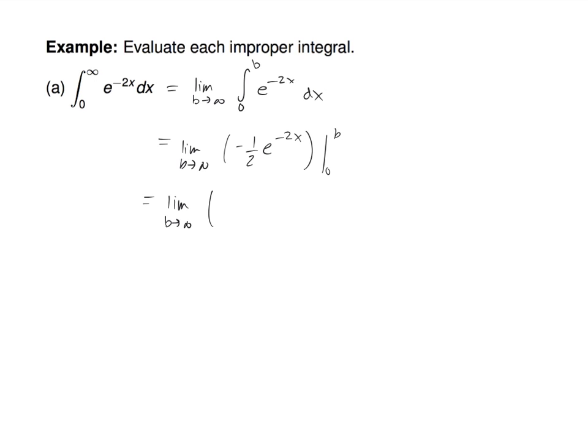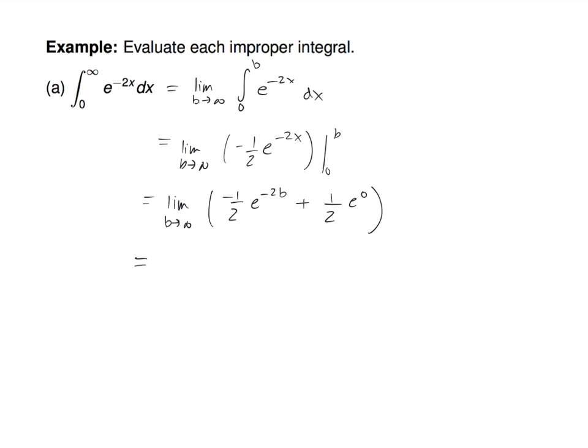Then input b, we have negative 1/2 e to the negative 2b plus 1/2 e to the 0. And technically, what's a better way to write that first term? I think it's easier to see it going to 0 if I write it as a ratio.